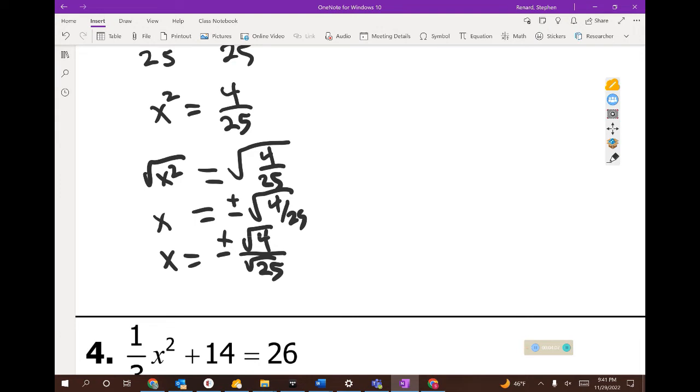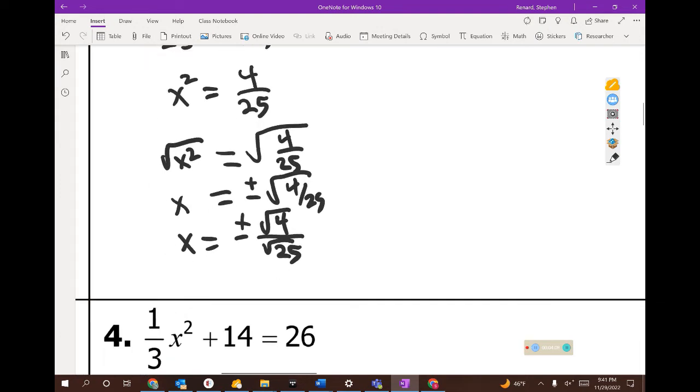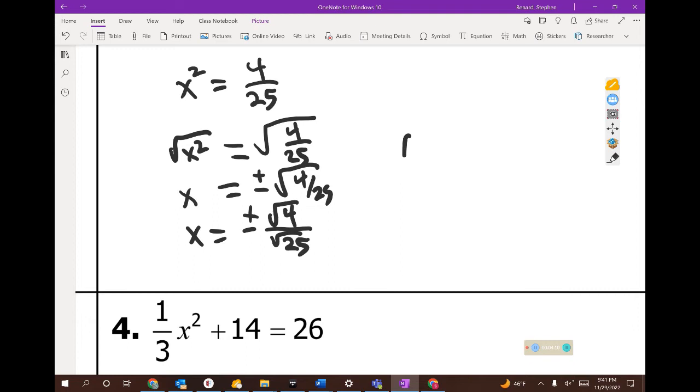Now, if you know what those are, great, move on. The square root of 4, well, that's 2 times 2. Remember that if we have one pair underneath, we get to go 1 on the outside. If we take both of those out, there's nothing there.